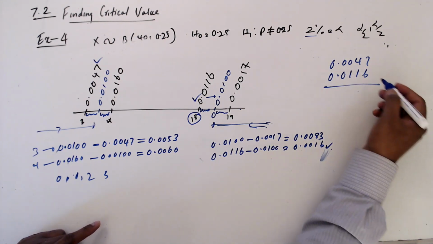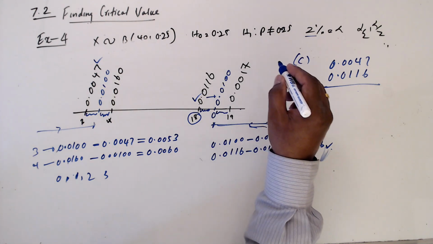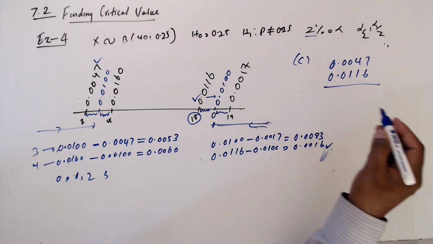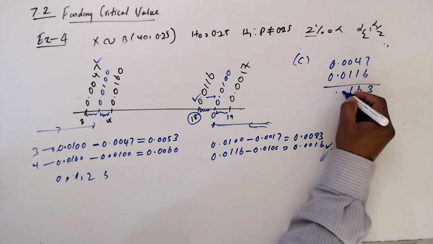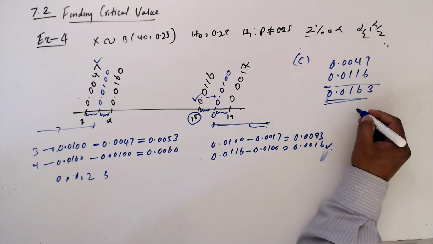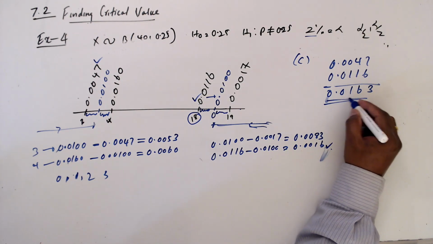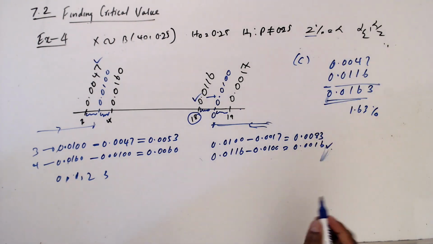So then part C, the question is, write down the actual significance level. So the actual significance level is this one. As a percentage, multiplied by 100, it is 1.63.